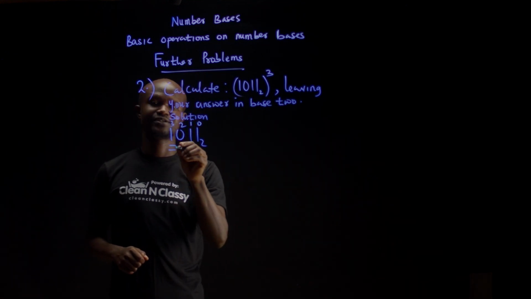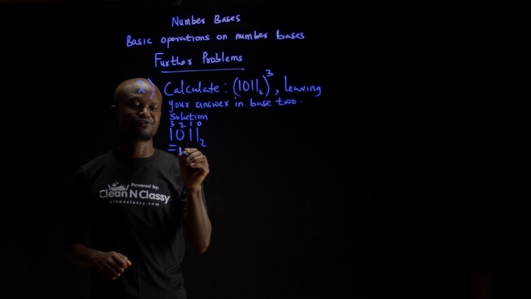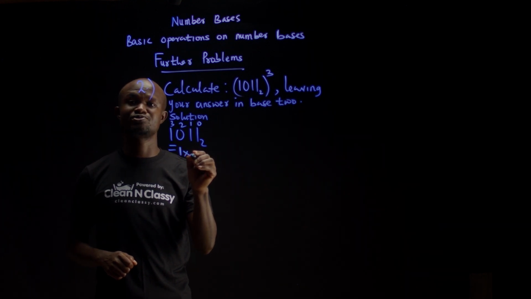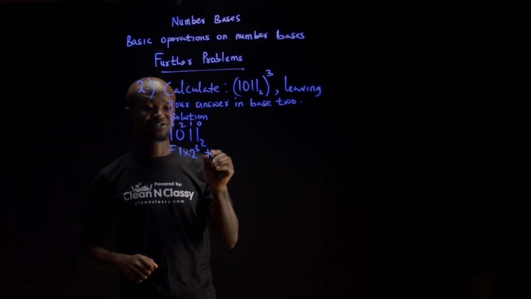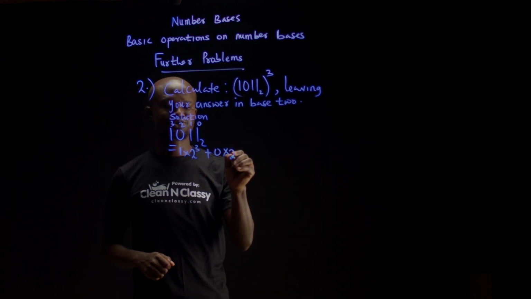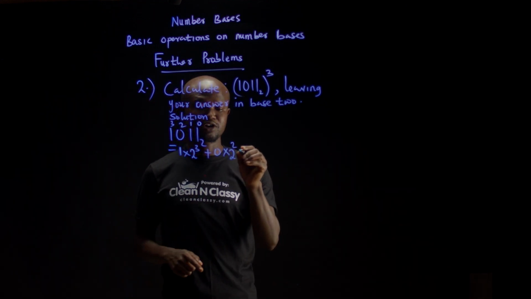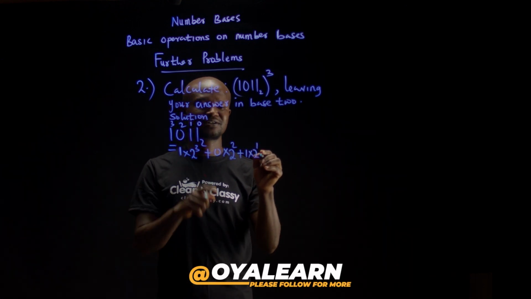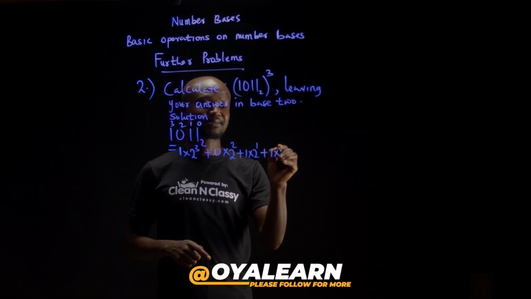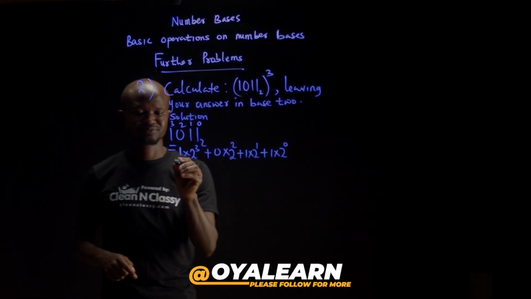what do we have? Writing the expanded form: 1 times 2 raised to the power of 3, plus 0 times 2 raised to the power of 2, plus 1 times 2 raised to the power of 1, plus 1 times 2 raised to the power of 0.